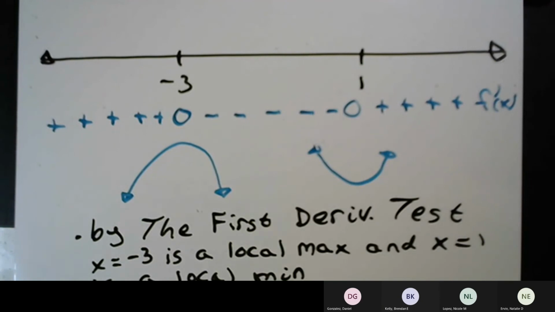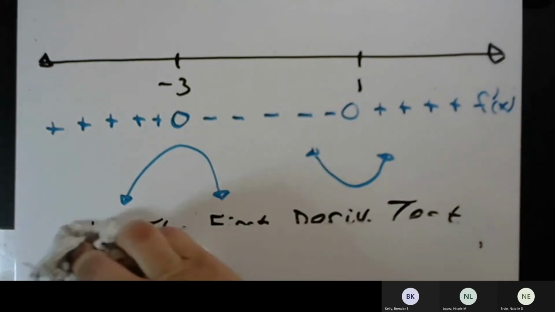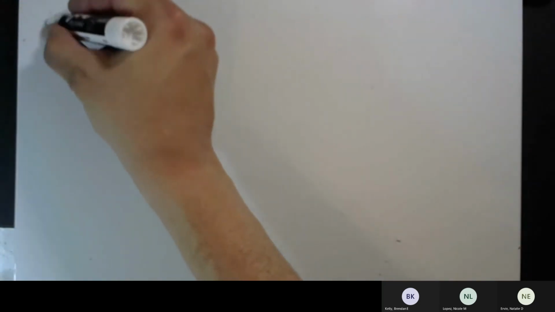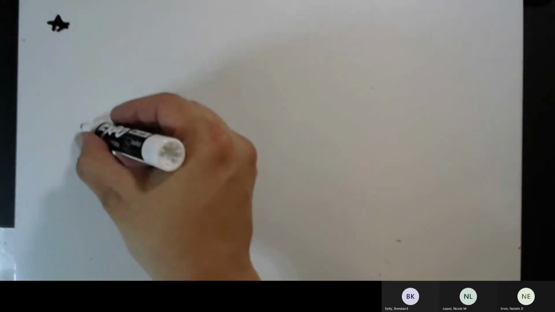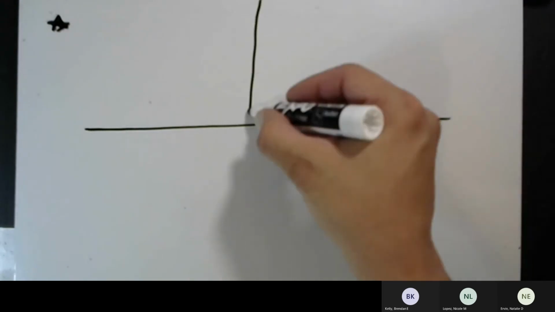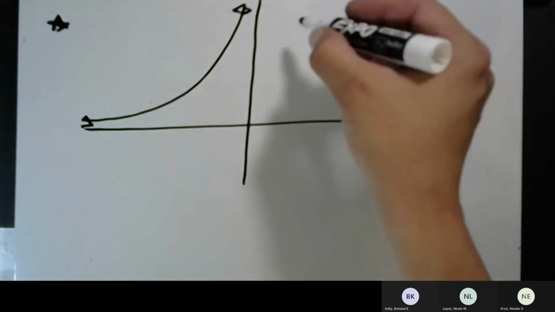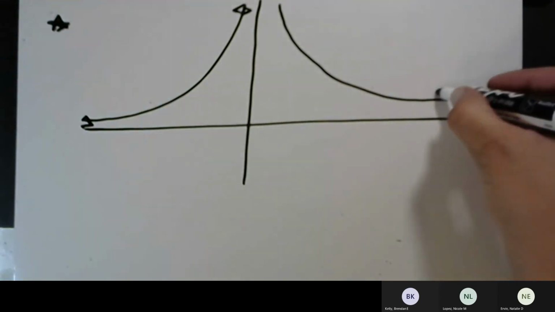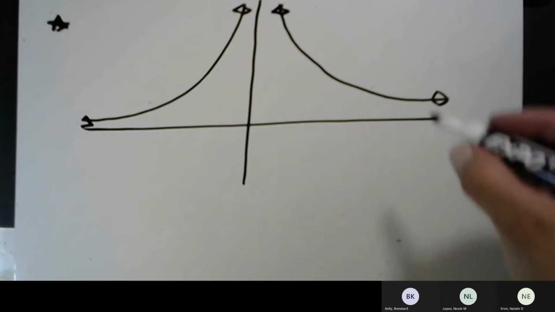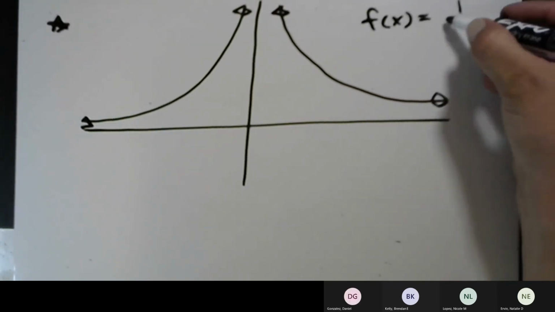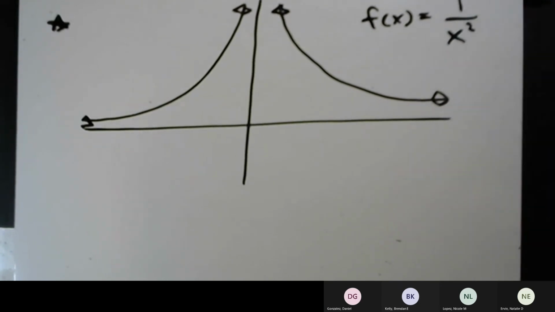One thing to keep in mind is that we could get a function like this, for example, f of x equals 1 over x squared.